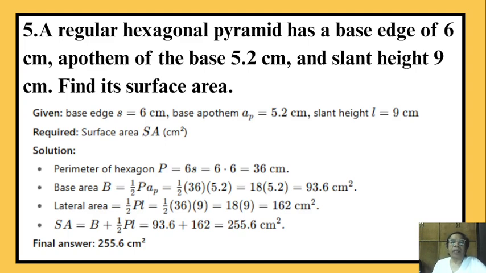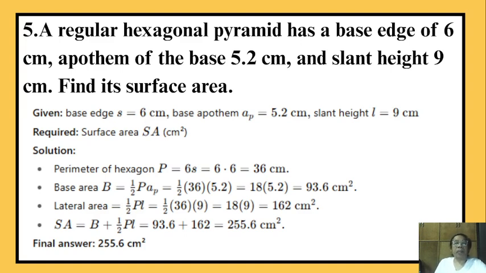So the perimeter of the hexagon, since there are 6 sides in a hexagon, the perimeter is 6 times S. And our value of S, the base edge, is 6 times 6. So you have 36.